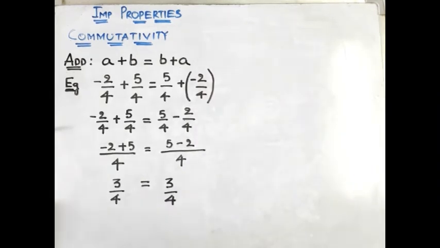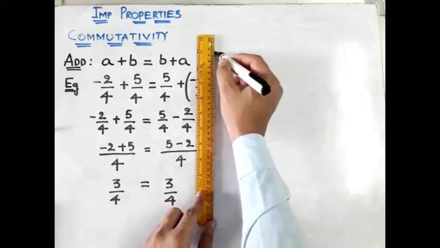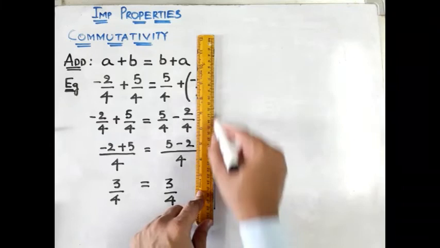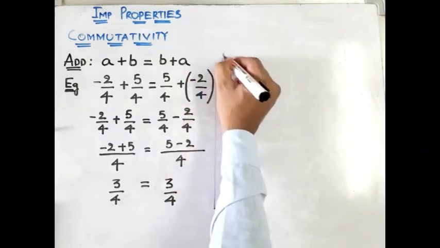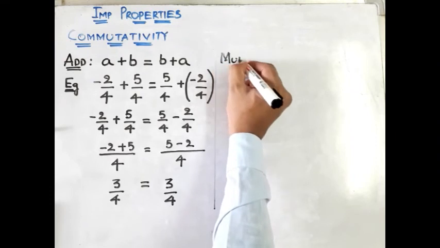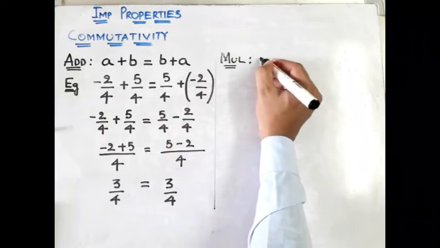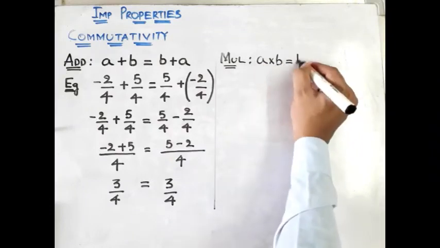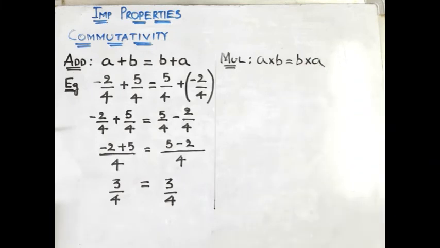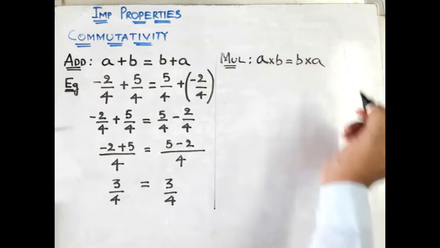Commutative property under multiplication. See, addition: a plus b is equal to b plus a. Similarly, multiplication: a into b is equal to b into a.